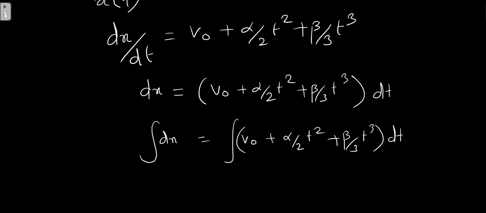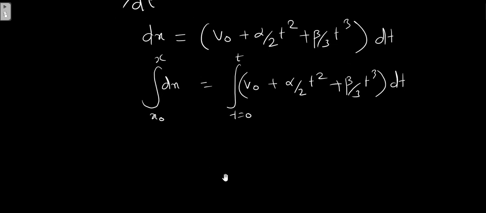Before we go into integration, we should put in limits. At t equal to 0, the position will be x0. At t equal to t, after the time taken t, the position will be x. Clear? So when integration is taken for dx, we will have x, then applying upper limit minus lower limit, x minus x0.